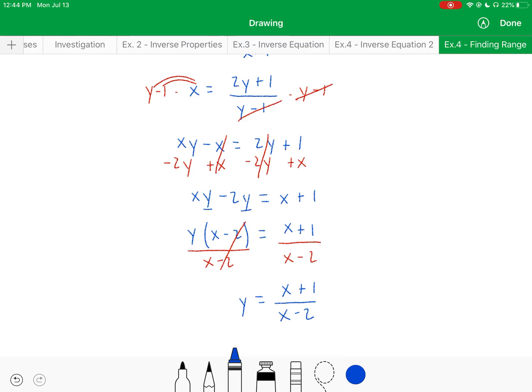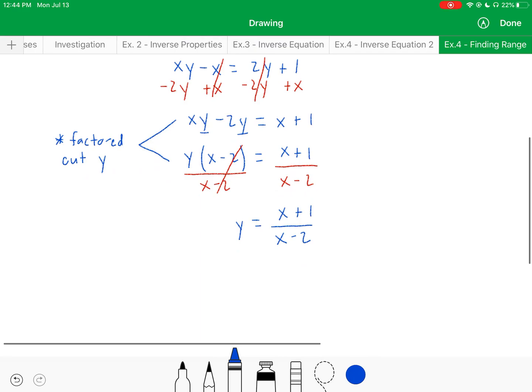So again, I think probably the tricky part on all this is to go from here to here, understand that I factored out y. Okay. All right, so now this result is my inverse. I'll use function notation.